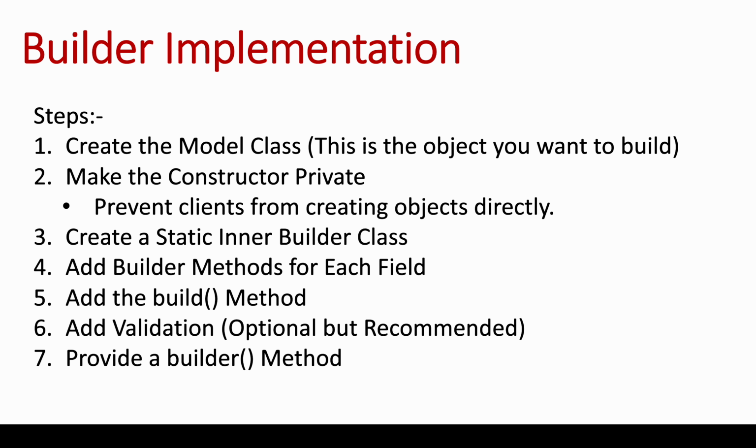We are also going to create a static inner builder class. This class is going to be responsible for chaining, and we are going to add builder methods for each field and the build method. Depending on your use case, we can also add validation methods. By following these steps, we can implement the builder design pattern. Now this is theory. Let's see these steps in action.